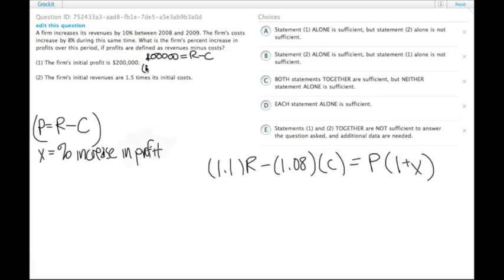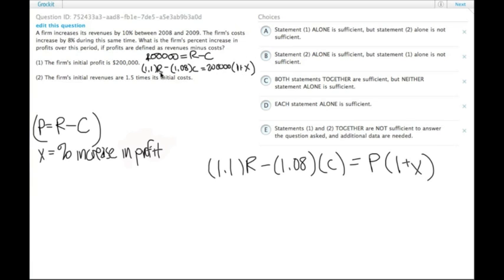So we know that the 10% increase in the revenue minus the 8% increase in the costs equals 200,000 times 1 plus whatever that increase is. The 1 plus is 100% of the 200,000 plus the additional X percent that it went up.